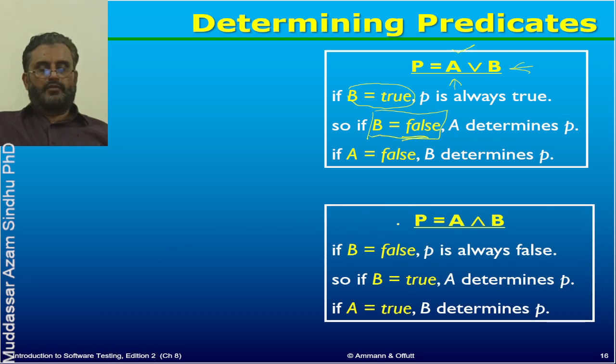In the same way, you can also have a look at this predicate. Here you can see if we set the value of B equal to false, then P is always false, and if we set B equal to true, then A will determine. If A is true, then the whole predicate will be true, and if A is false, then the whole predicate will be false. It means in this predicate, if we set the value of B to true, then A will be the determining or active clause.